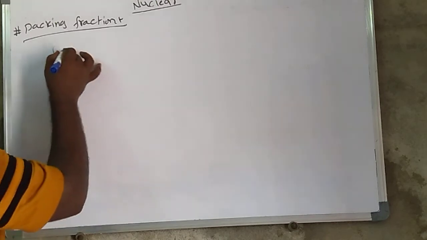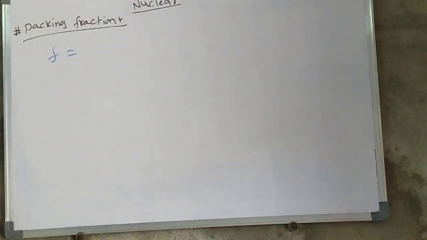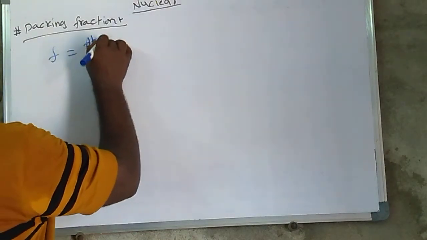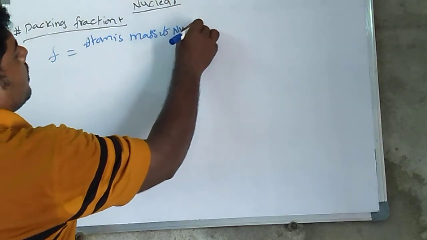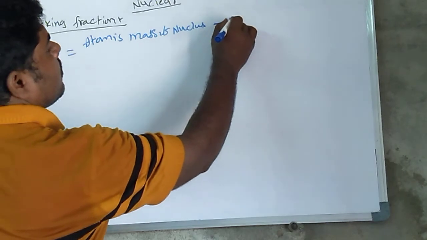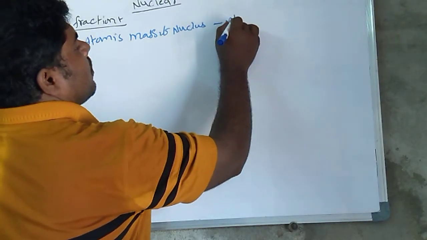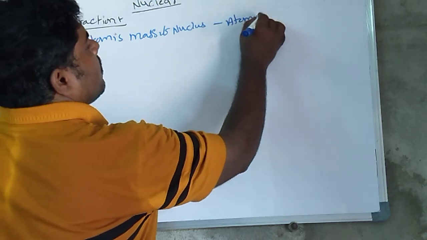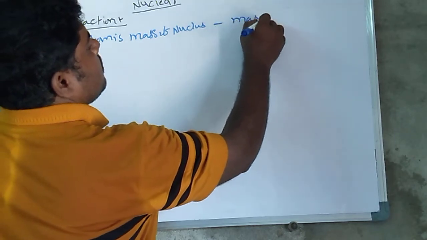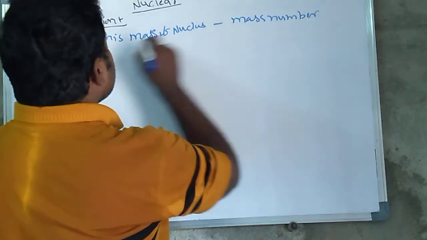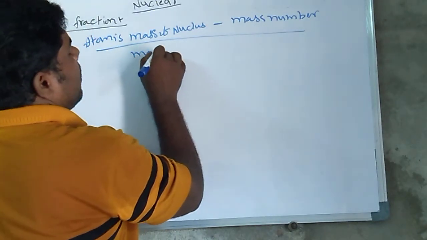Packing fraction is denoted by small f, and is equal to the atomic mass of the nucleus minus the mass number, divided by the mass number.